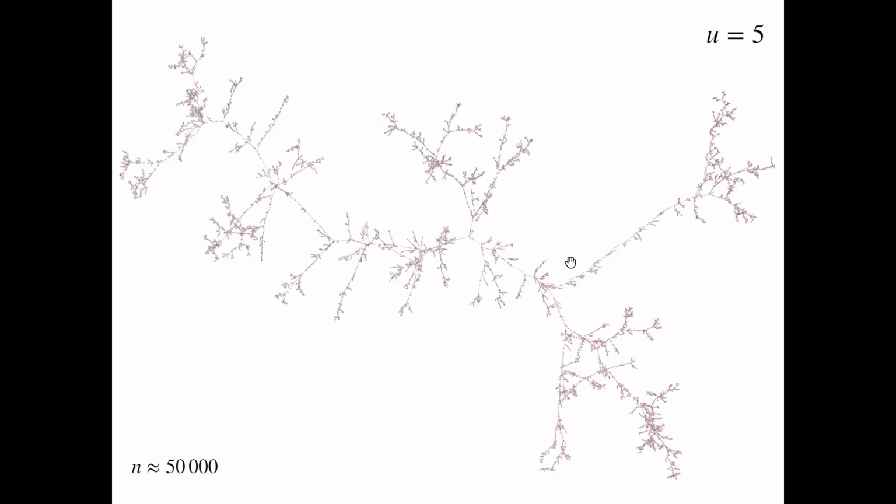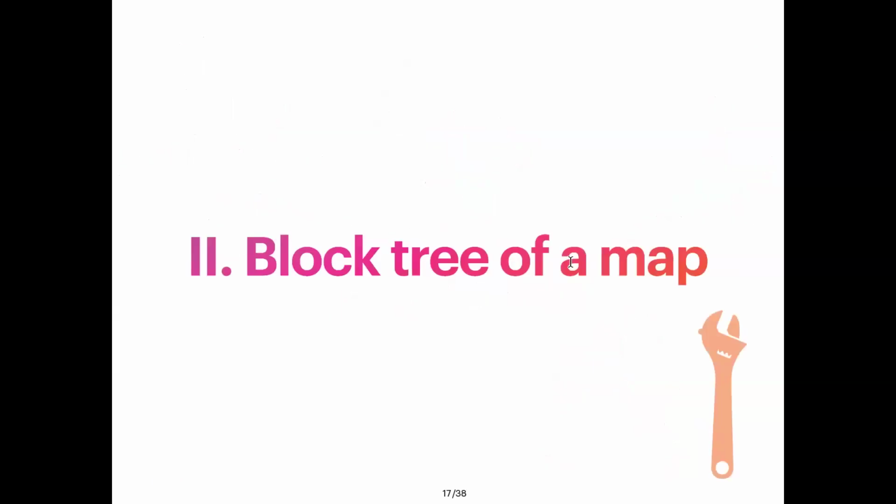We should not overinterpret these simulations, obviously, but it's not too far-fetched to say that indeed when u increases, the map looks more like a tree. And we'll show that formally, and the tool that we'll use for that is the block tree. I've not mentioned it before, but this is based on joint work with William Fleurat from UNSW.